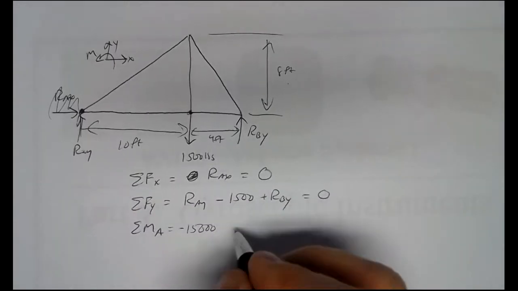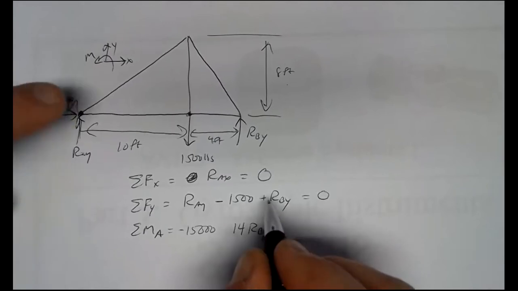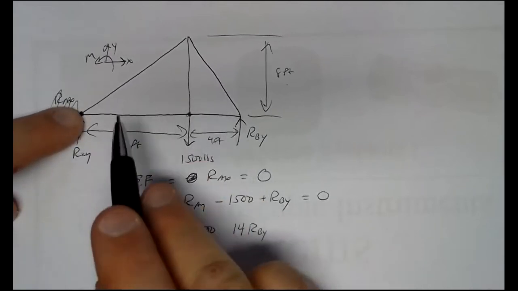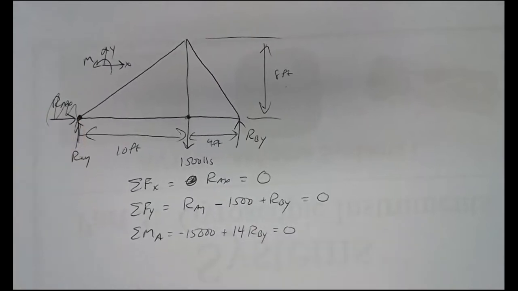RBY is 14 feet away. So we have 14 RBY. Pinned at A, pushing up, that would be a counterclockwise moment, so positive. And that equals 0. So we can solve for RBY, use that value to find RAY, and that would give us our supports.